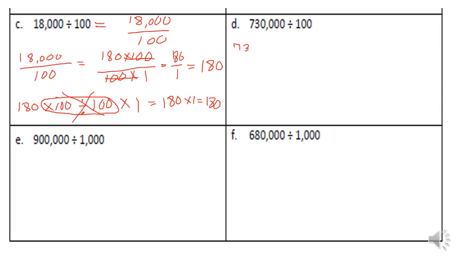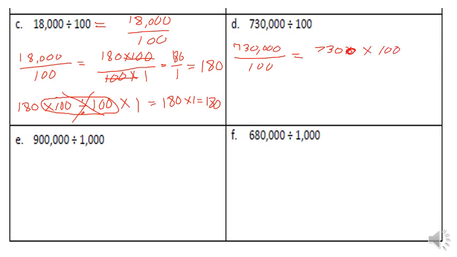Okay? So once again, I'm going to start by rewriting this as a fraction with 730,000 divided by 100. Now I can see I have the 100 I want to take out, so I know this is 730 times, excuse me, that's not 730.